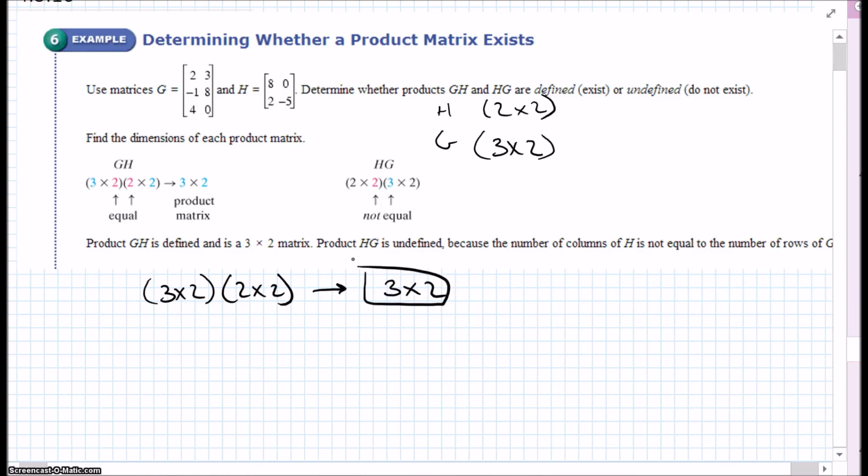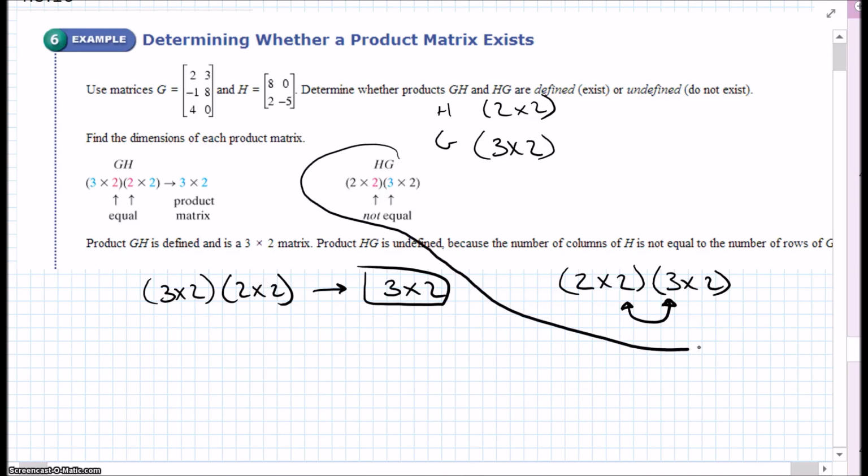So GH is defined. Product HG, well, the first matrix H is a 2 by 2, and the second matrix is a 3 by 2. Since these do not line up, since the columns of the first one and the rows of the second one don't match, the product is undefined.